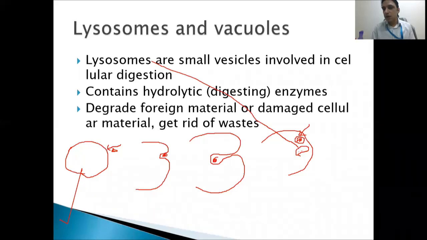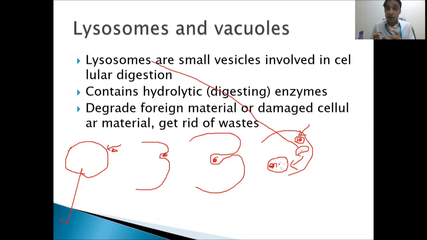This lysosome then merges with the food vacuole. These two merge together. The food vacuole merges with the lysosome, so that food material is exposed to the hydrolytic materials of the lysosome.